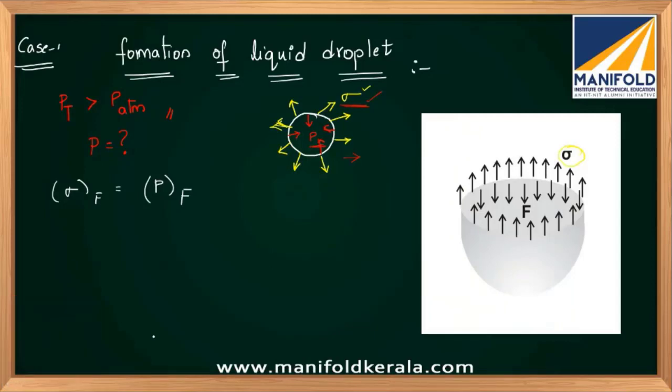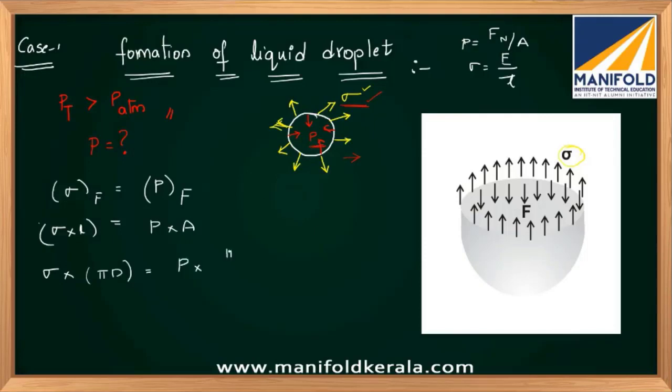What is surface tension? Sigma equal to F by L. Surface tension force will be sigma into L. What is pressure force? Pressure is normal force per unit area, that is P into A. Sigma into total length, which for a circular member is pi d. And area is pi by 4 d square.